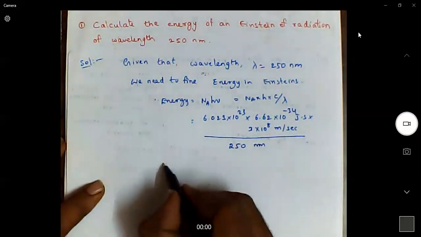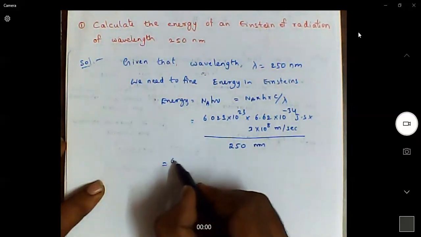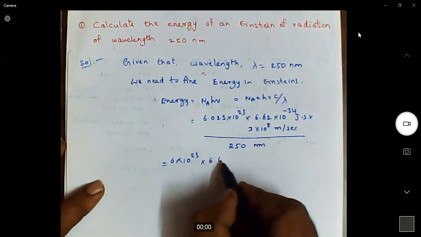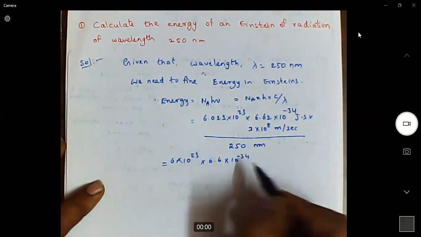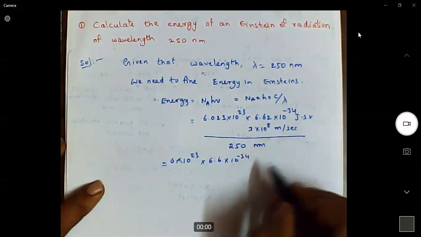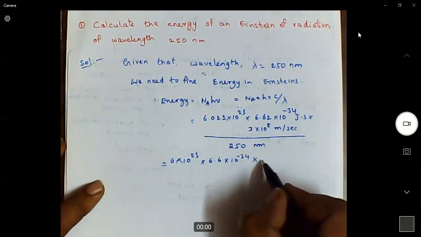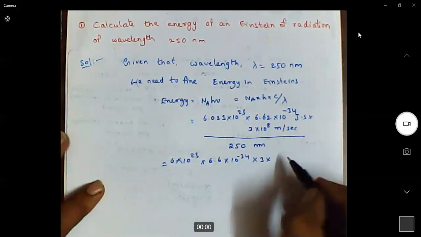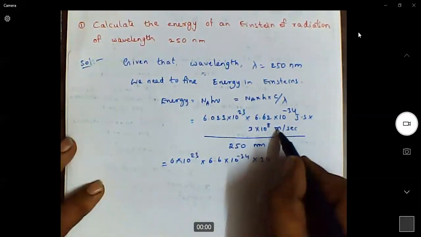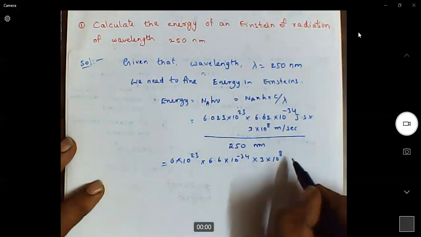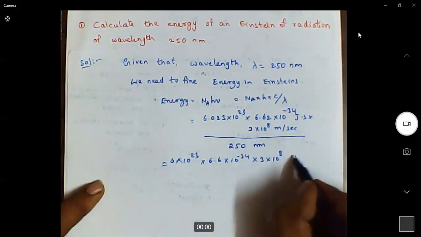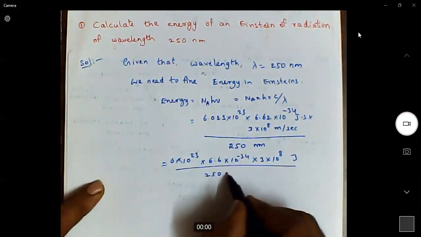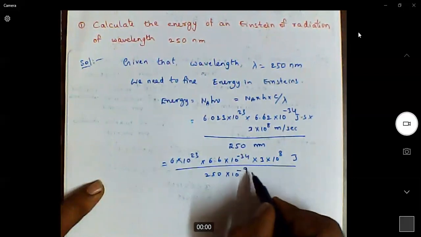Now we will further simplify it. 6 into 10 power 23, 6.6 into 10 power minus 34. Second will get cancelled. 3 into, because it is in joules, we will keep it like this, 10 power 8 joules by 250 nanometers, that means 10 power minus 9 meters.